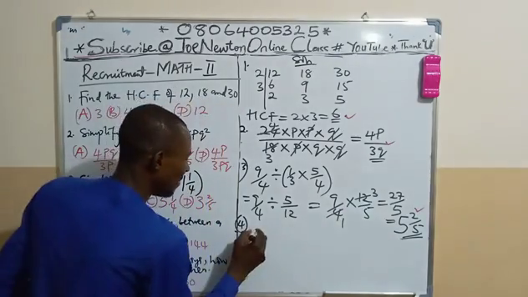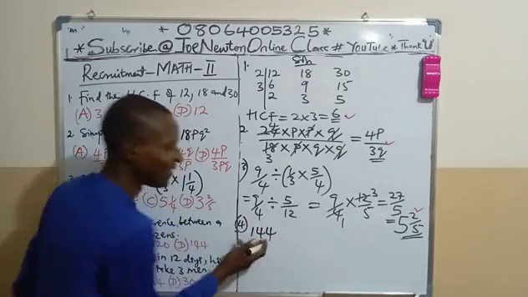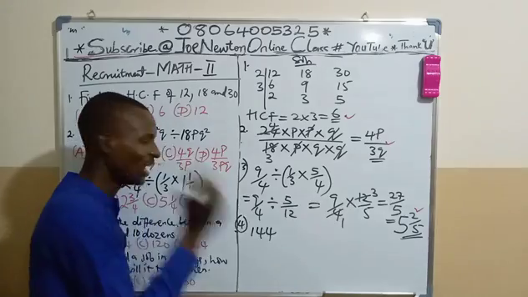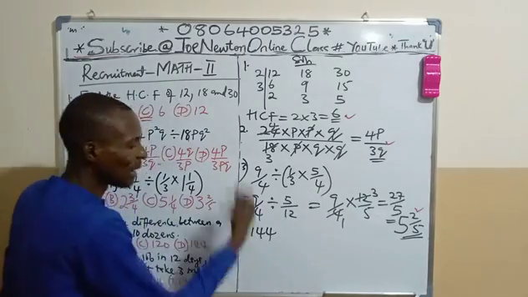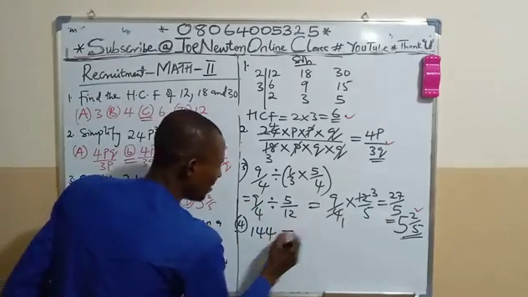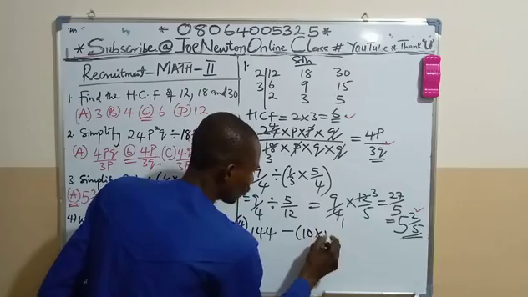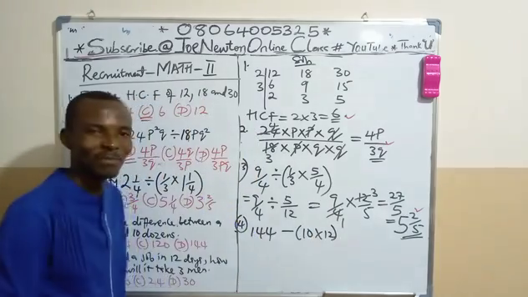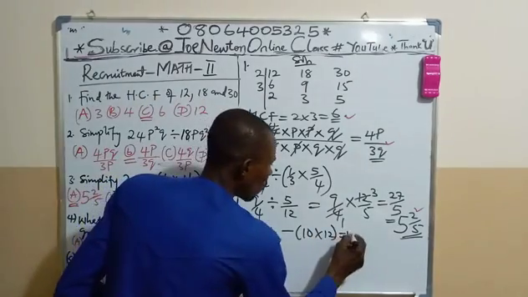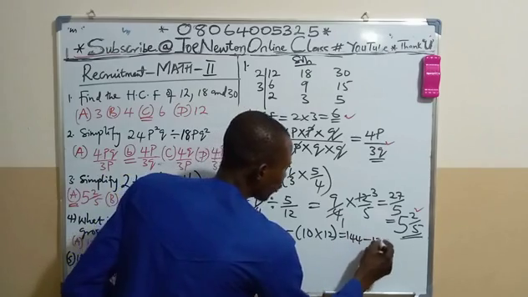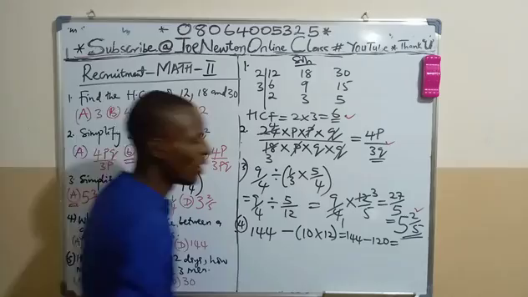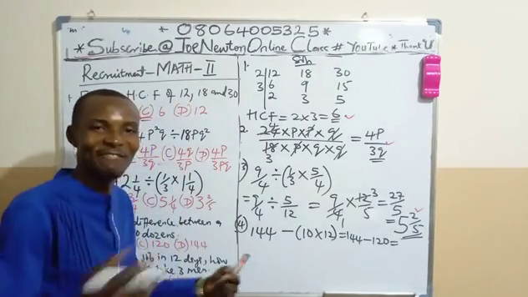So the question simply means 144, that is the gross. If it is 2 gross, then you multiply by 2. Difference means minus 10 dozens, 10 times 12. That is 10 dozens. And that will give you 144 minus 120. So 144 minus 120, very simple.